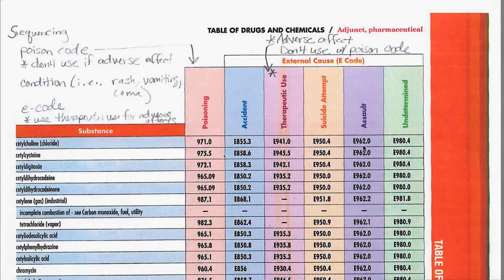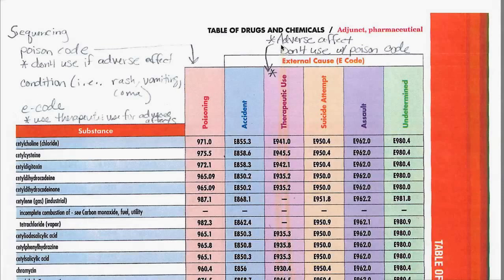That's E96.20. If it was an accident, like maybe a kid got something under the counter, some cleaning supplies, it's E855.3. Okay, so that's how you code a poisoning. You code the poison code first, the condition second, the E code last. And you could have more than one condition code, obviously.